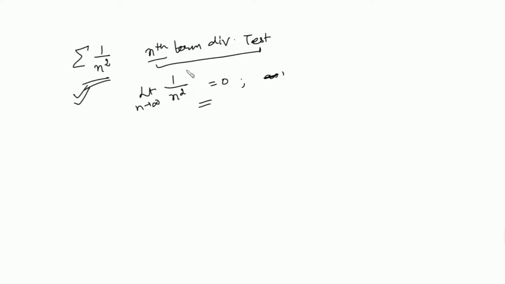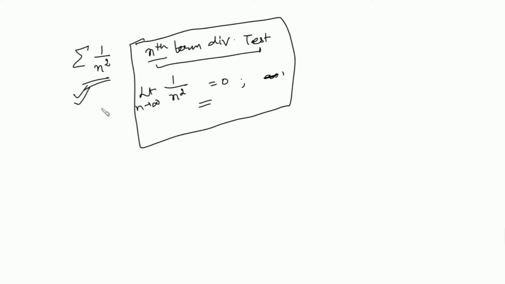If it is non-zero, then we are sure that this series is divergent. But if this term is going to 0, we are not sure about the behavior of the series 1 over n square, whether it is convergent or not.